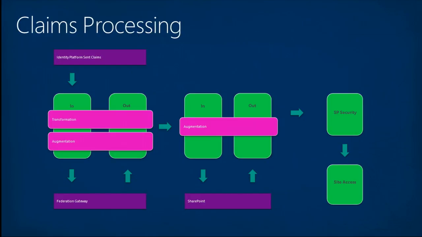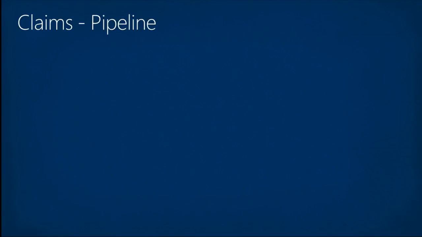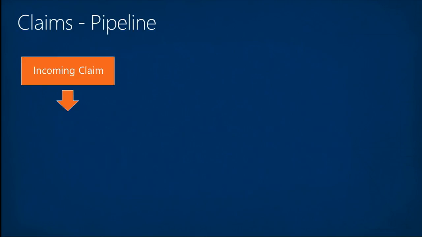So how does the pipeline work for claims? You have this process of, I come in, I do this, I get claims, I augment, I get published straight into SharePoint. So how does the pipeline work? We take the incoming claim. This is important. This is how it processes it. The claims come in. So a claim attribute would be the user principal name. It comes in.